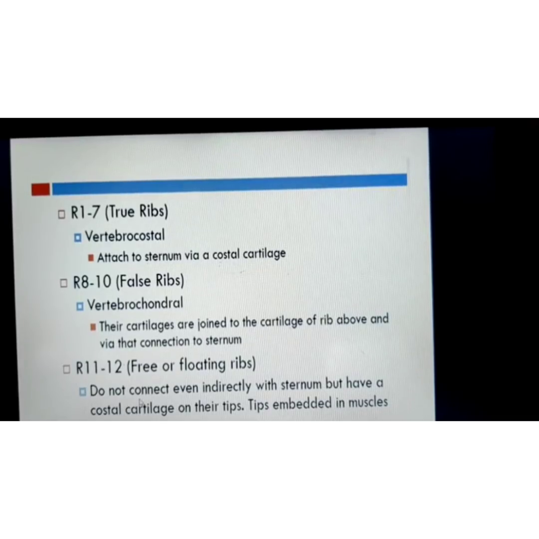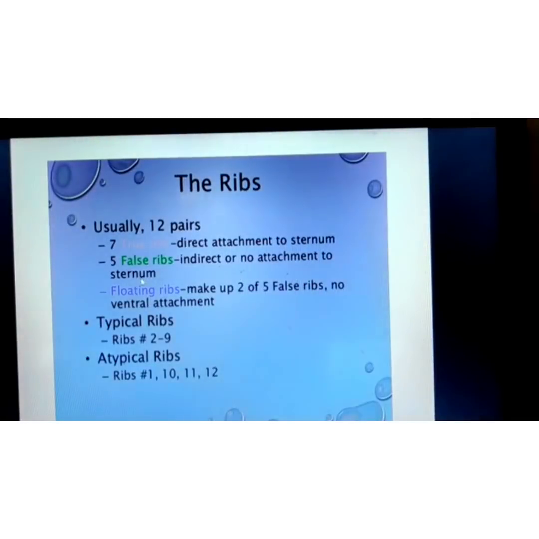Ribs 11 to 12 are floating ribs. They do not connect even indirectly with the sternum but have a costal cartilage on their tips, and the tips are embedded in the muscles of the abdomen. So this is about the classification of ribs.